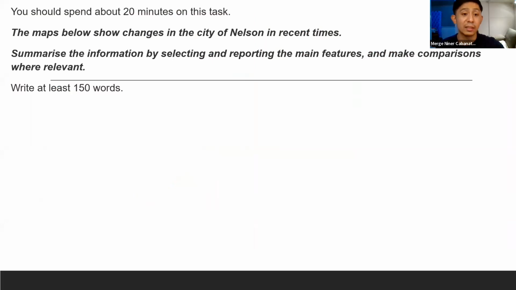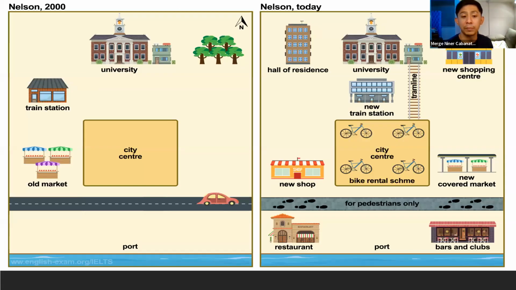All right, so next, this is a sports center activity. Actually, I have done this. I will be searching for the sample. Since I'm done with this one, this will be my task now: the Nelson presentation.